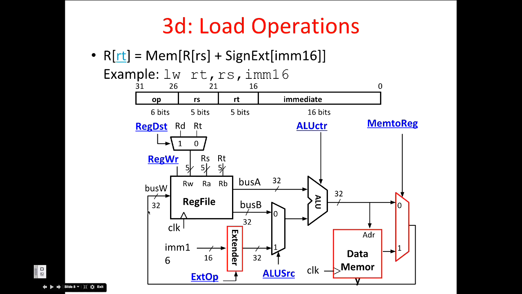That 32-bit data will get written to the register specified by RW. And RA and RB specify where you want to read from. And that's what will be on bus A and bus B. The values read from RA and RB. In this picture, what we're saying is we're always going to feed RS into RA and the value of RT into RB. So essentially at bus A and bus B, we have R of RS and R of RT.